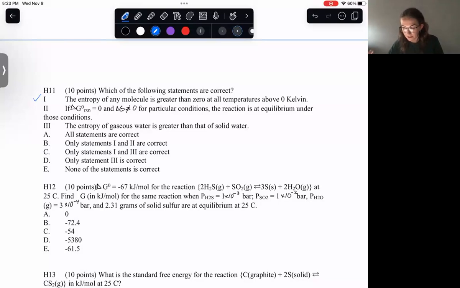For 2, if delta G of the reaction is equal to 0 and delta G is not equal to 0 for particular conditions, the reaction is at equilibrium under those conditions. So we're looking at delta G at standard temperature and pressure, and then at G at non-standard temperature conditions. At those non-standard temperature conditions, if delta G does not equal 0, is that at equilibrium?